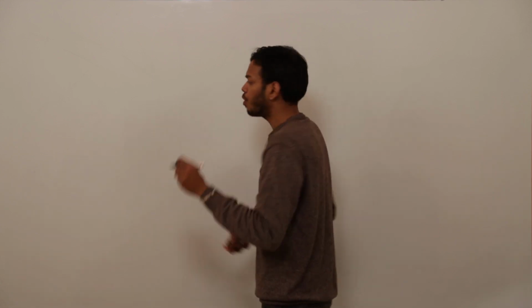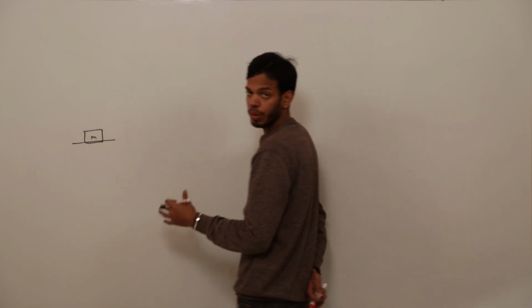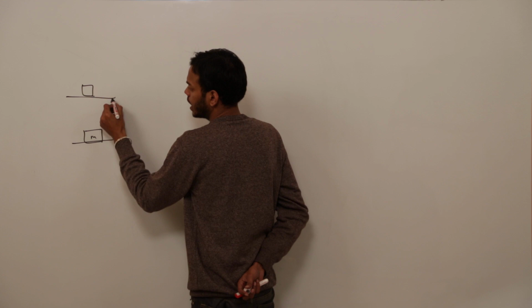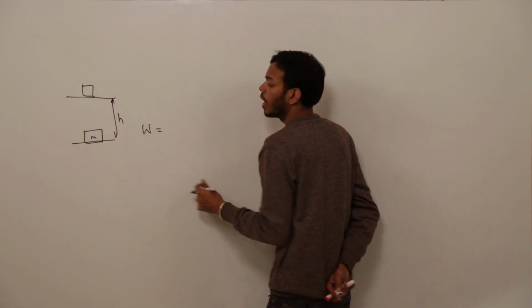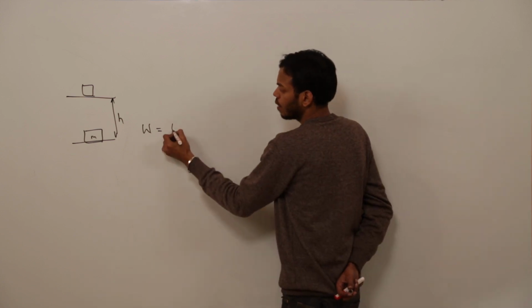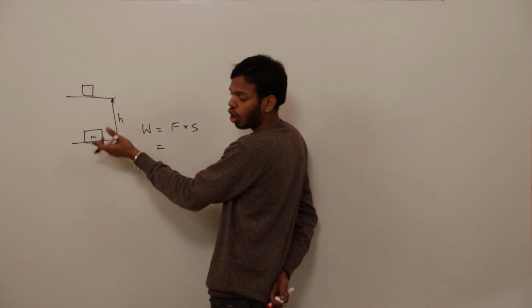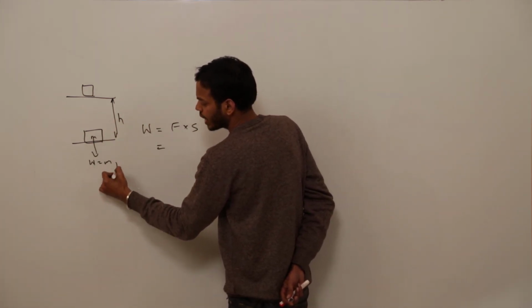I'll give you a small example from plus one. This is a mass m which is to be raised up to this point at height h. I am finding out work done. Work done is force into distance. The minimum force I have to apply to lift this body up will be at least equal to its weight, which is mg.